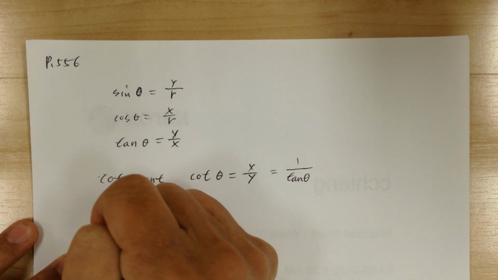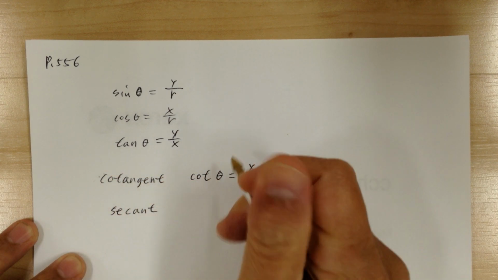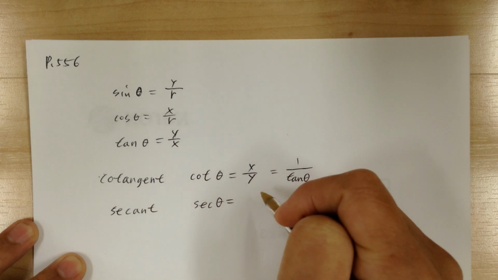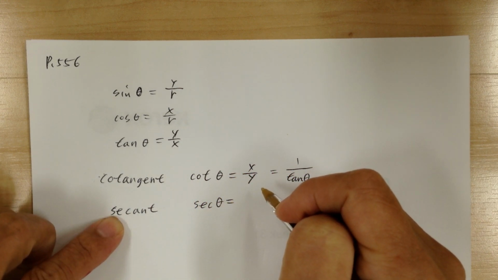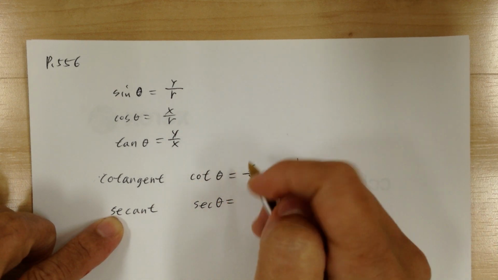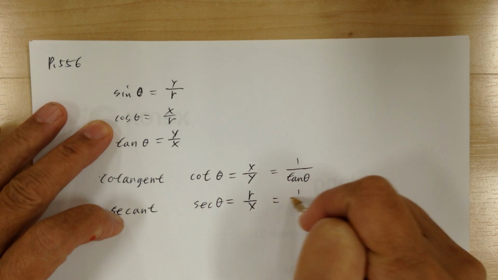Okay, and then you also have the secant. So secant abbreviation is SEC. Okay, and secant is the reciprocal of cosine. Okay, so equal to r over x, or equal to 1 over cosine.